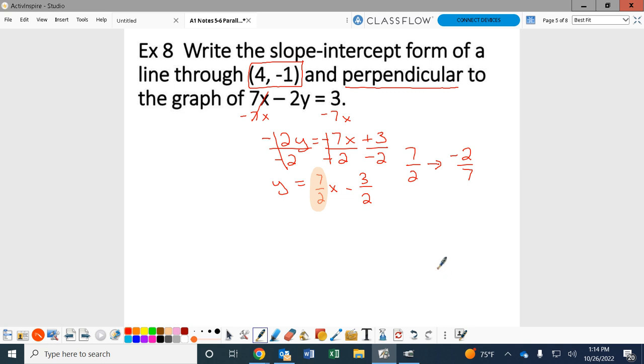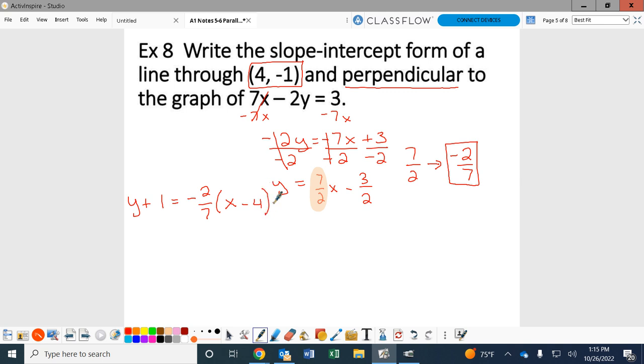Okay. So I now have my point and my slope. If I have a point and a slope, I'm going to start in point slope form. So here it goes. Y, since this right here is a negative 1, it's going to be plus 1 equals my slope of negative 2/7 times x, and since this is a 4 right here, we're going to write it as minus 4.